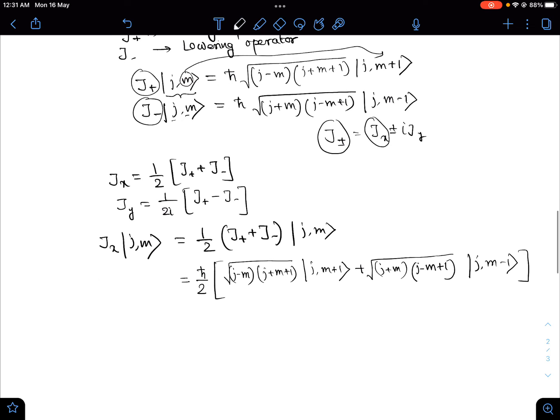So that is the action of Jx on |jm⟩. If we operate Jx on this eigenstate of J squared and Jz, we get a superposition of these two states.